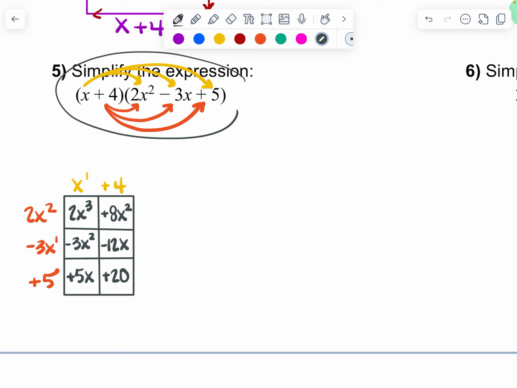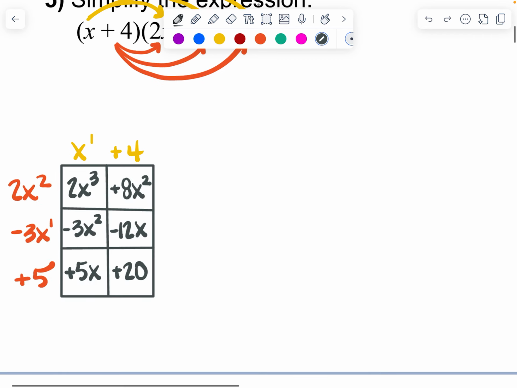And of course, if you choose to just distribute, well, then you're going to get these exact same 6 terms. You're just going to have it written out kind of horizontally as opposed to it being organized in a box. It's the exact same thing. Now, you're not done, of course, because you need to clean all this up and combine like terms. And remember, if you've done this correctly, all your like terms should lie on the diagonals.